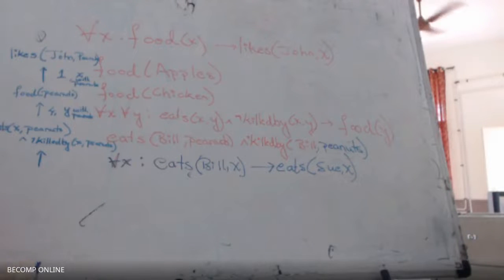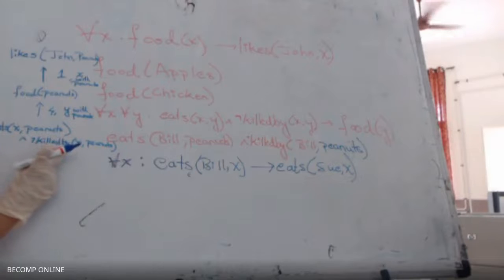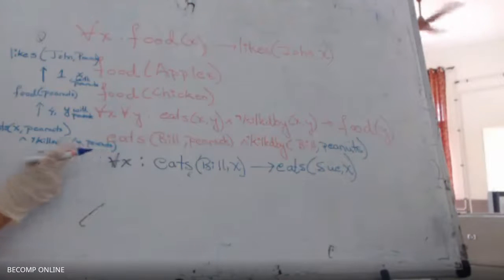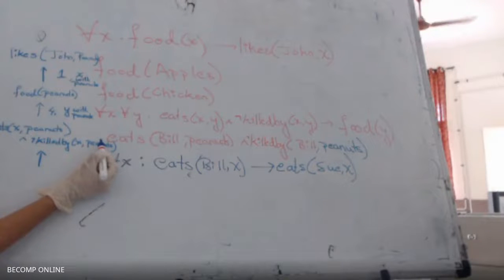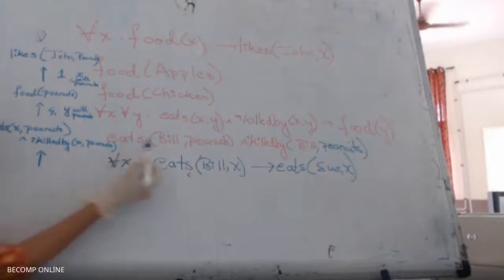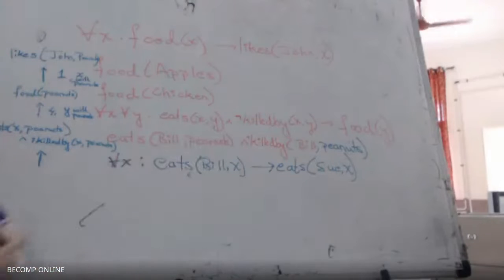Okay. Now, when I select fact number 4, you see this eats X comma peanuts and not killed by X comma peanuts. If you see the list of facts, fact number 5 has both these sentences, provided I replace X with Bill.